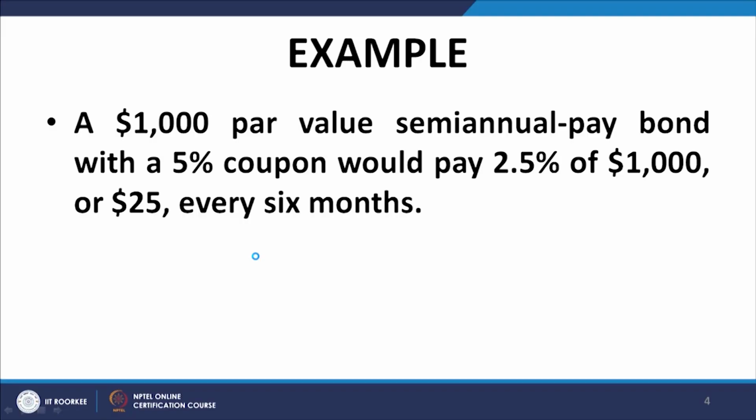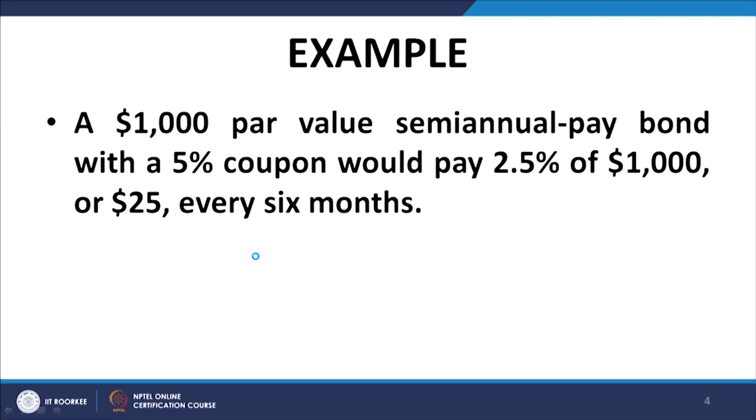So, here is an example to clarify what I have been saying. A $1000 par value semi-annual coupon bond with a 5% coupon rate. Please note this is a semi-annual coupon pay bond. In other words, the interest would be paid at intervals of 6 months, and the rate of interest is 5% per annum.